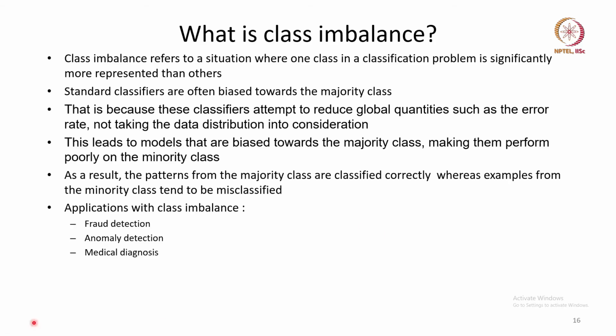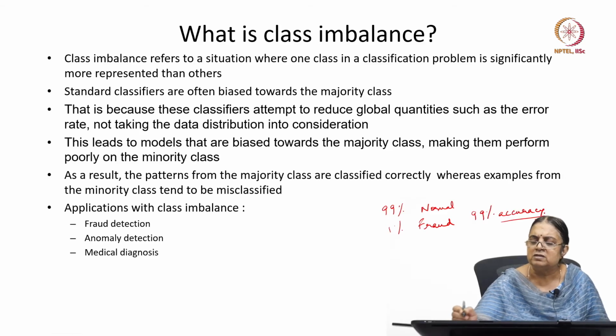Also, if we take the classification accuracy, suppose we have 99% without fraud, so normal transactions, normal credit cards, and 1% with fraud. Now, if this 1% is classified incorrectly, you still get 99% accuracy, right?